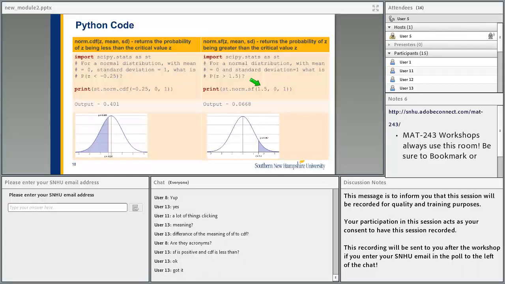The value that I give in the parentheses for SF can be a negative number. It doesn't have to be a positive number. I can still have a negative 0.25 in the parentheses.